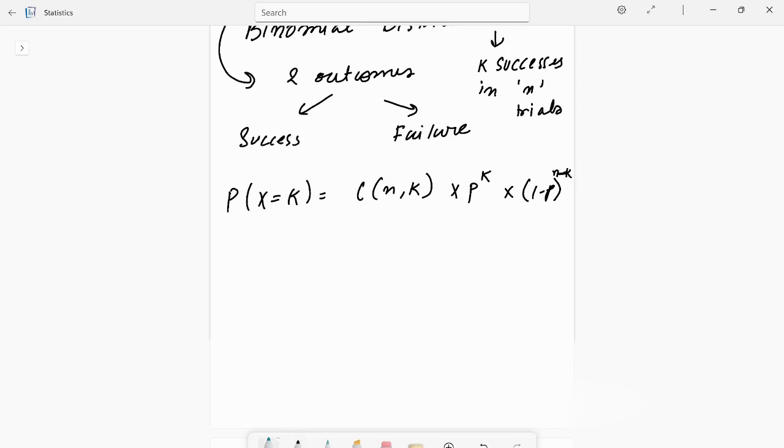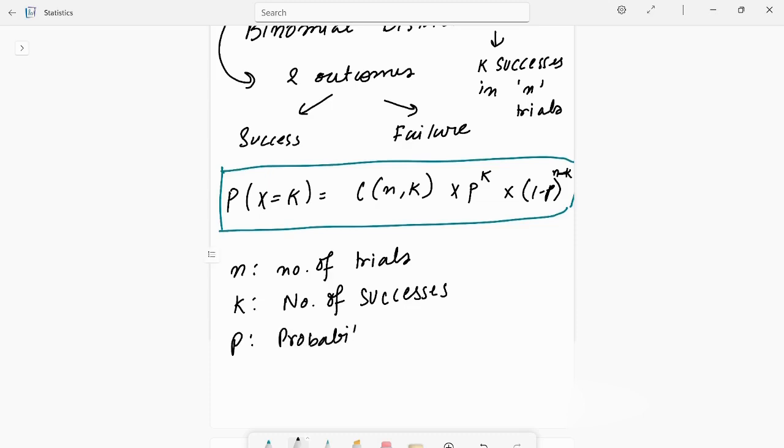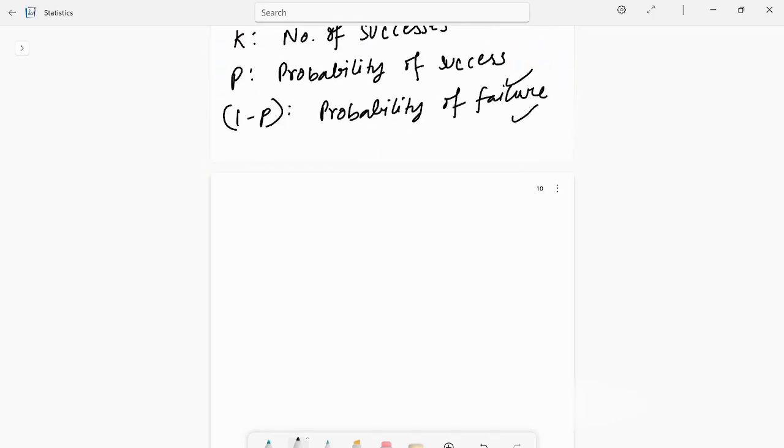Now we will understand each of the terms used here, where n is the number of trials, k is the number of successes, p is the probability of success, and 1 minus p is the probability of failure. These are very understandable terms.